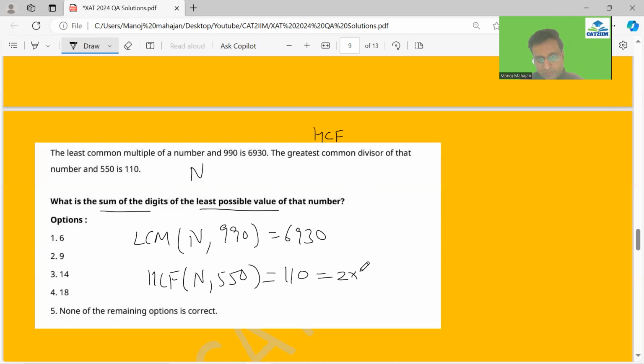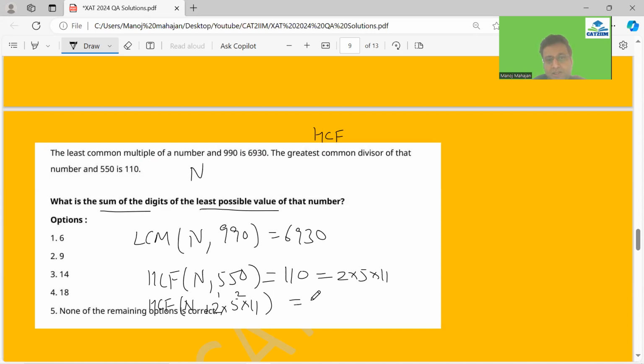That's nothing but 2 into 5 into 11. Now let's factorize this: 5 into 11 into 2 into 5 square, correct? So this is the number n, and we have to get the HCF of this number as 2 into 5 into 11. Now if we want to get the minimum out here, right? So already we have over here 2 to the power of 1.